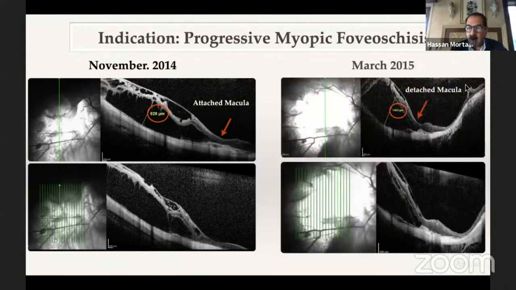Later on, in March 2015, the patient started to develop diminution of vision, distorted vision, and the traction increased and the macula became detached. So the indication for surgery is macular threatening or macular detachment, and this can only be detected by regularly performed OCT.